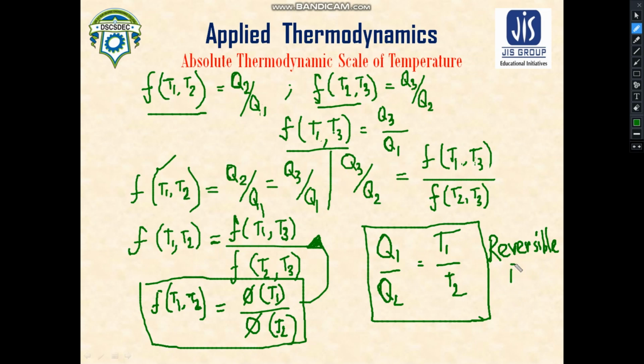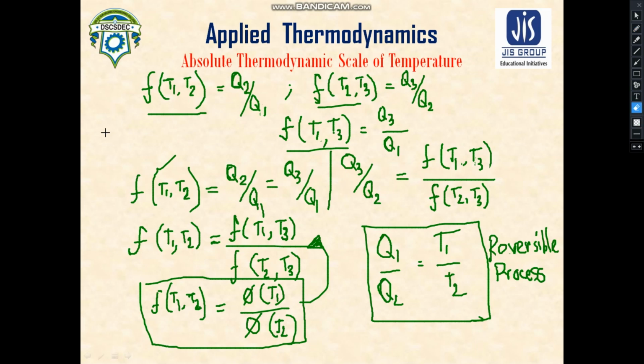So this is for reversible engines or reversible processes. I would prefer to write process here. So this is what we find for the reversible process.